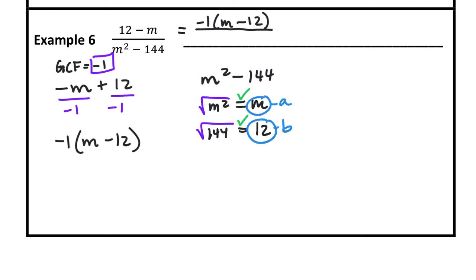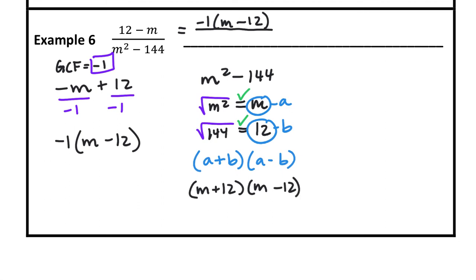This is my b. Difference of squares says I have to set it up as a plus b and a minus b. So it's going to be m plus 12 and m minus 12. So copy that on the bottom over here, m plus 12, m minus 12. Right, so the bottom, which was this, using the difference of squares, became this.